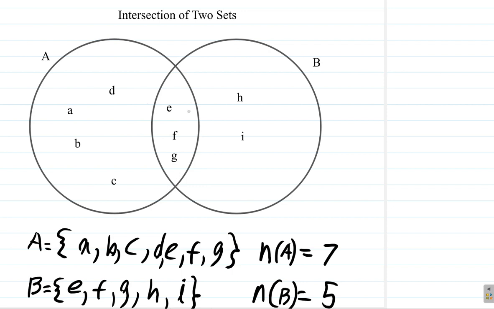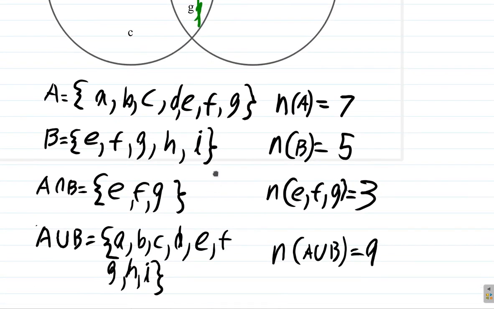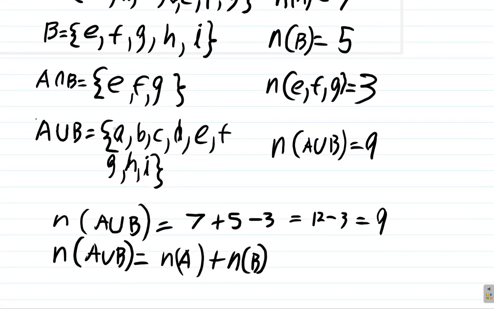Because when we're saying A, we had E, F, and G. When we're saying B, we have E, F, and G again. So we have to remove that double count. You subtract 3 from it. So we say minus, and that would be the number of elements in A intersect B.